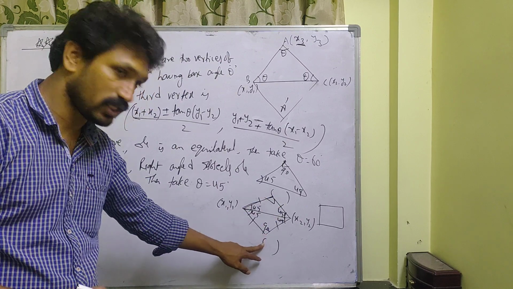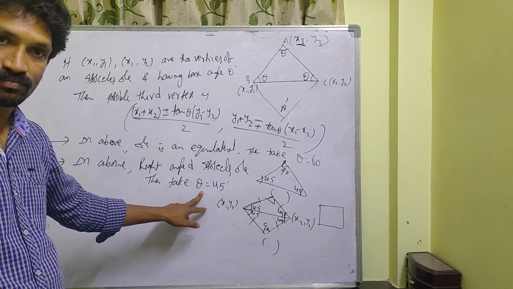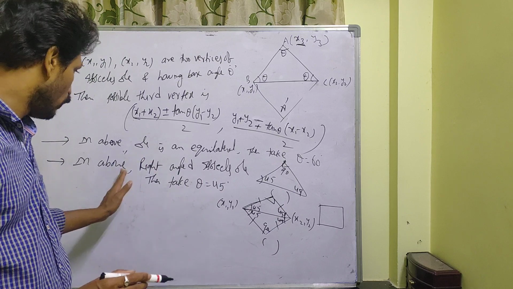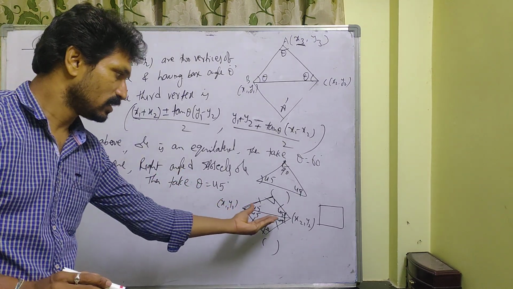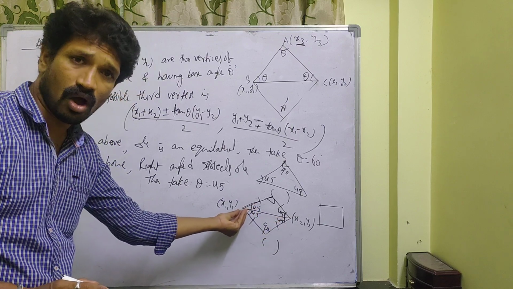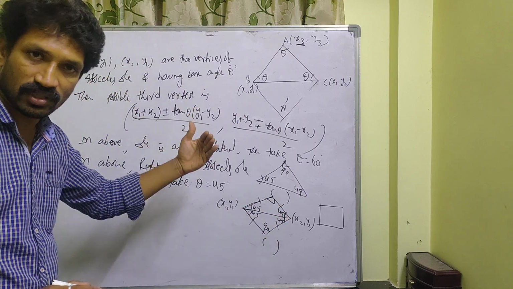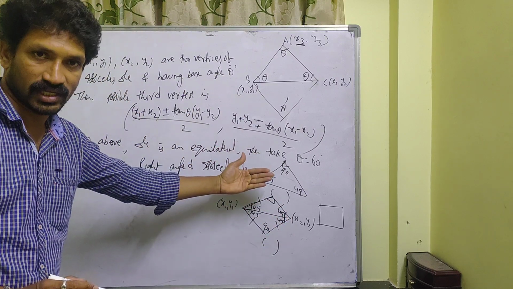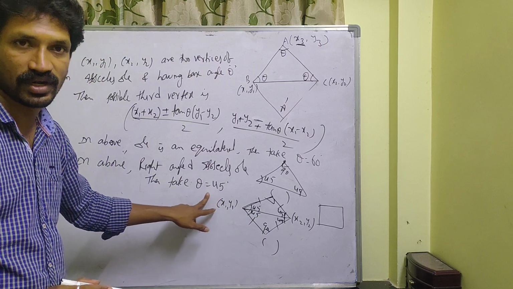If you want to find these two points, use the same formula with theta equal to 45 degrees. If you know any two opposite vertices and want to find the third and fourth vertex, use this formula with theta equal to 45 degrees.